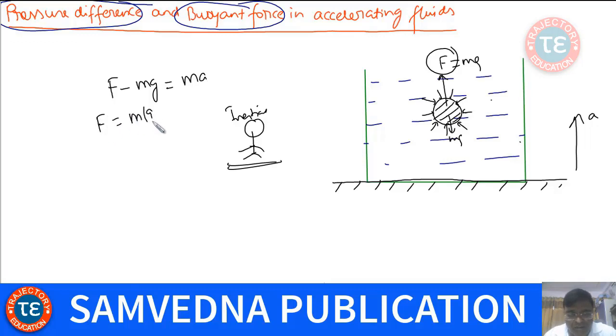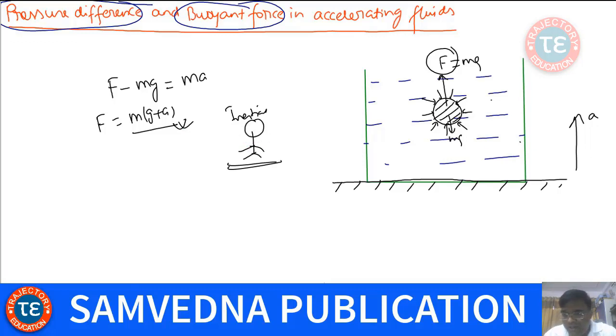So the buoyant force will be m(g + a), and the same force will act if I replace this liquid sample with any body. So when the whole liquid system is accelerating with a, the buoyant force will become m(g + a).